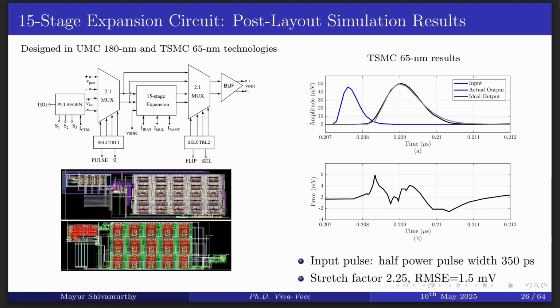Coming to the post layout simulation result, in order to validate the expansion process, an on-chip Gaussian pulse of half power pulse width of 350 picosecond was applied as a test input, and the result shows that the signal was stretched with a stretch factor of 2.25 with an error of 1.5 millivolts within the region of half power pulse width.